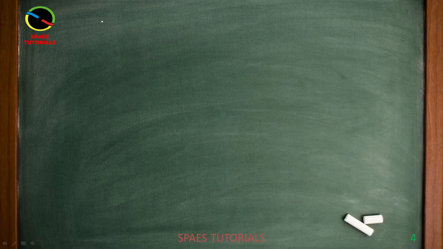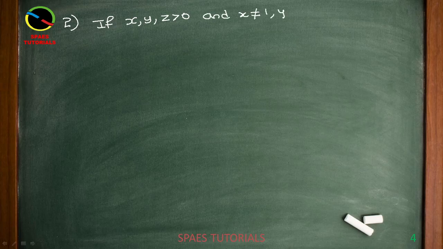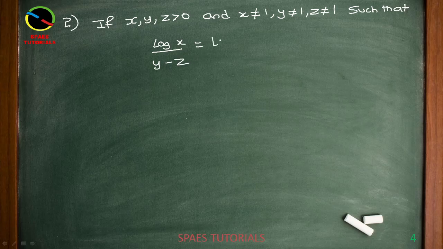Students, let's go to the second question. If x, y, z are greater than 0 and x not equal to 1, y not equal to 1, z not equal to 1, such that log x divided by y minus z is equal to log y divided by z minus x, that is equal to log z divided by x minus y.